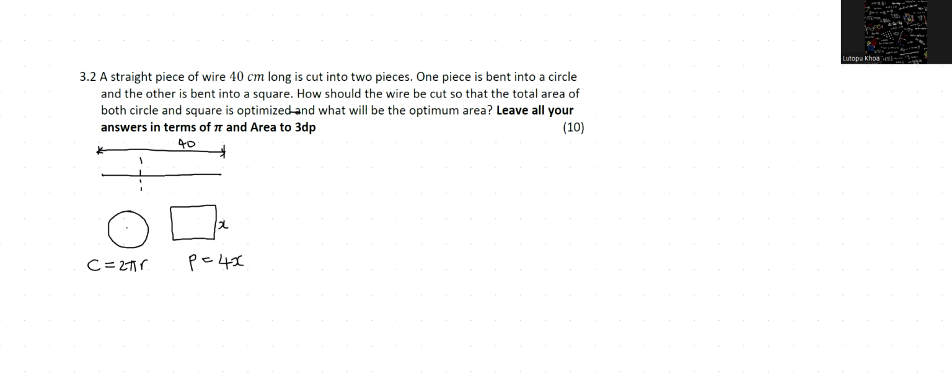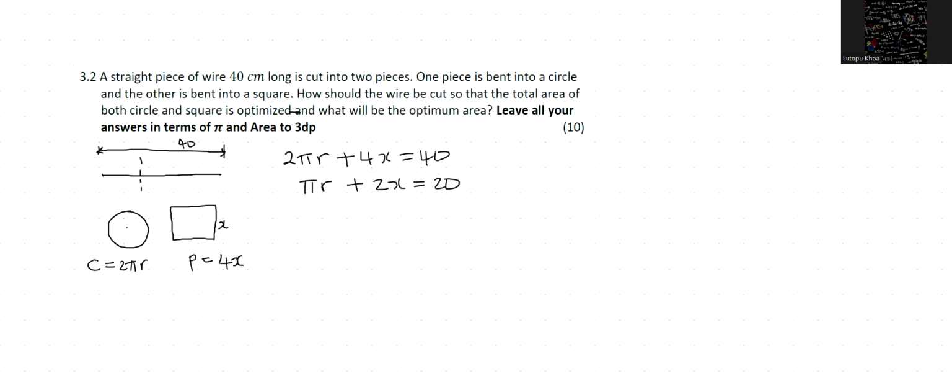So our formula that connects the radius and the side is 2 pi r plus 4x is equal to 40. You can divide everything by 2, so pi r plus 2x is equal to 20. So this is the first equation.